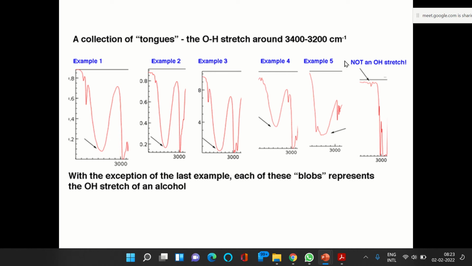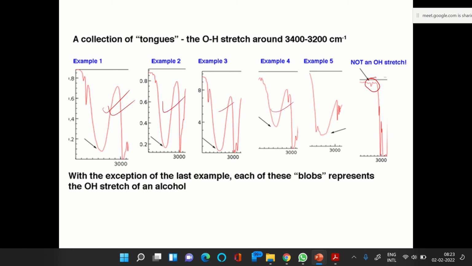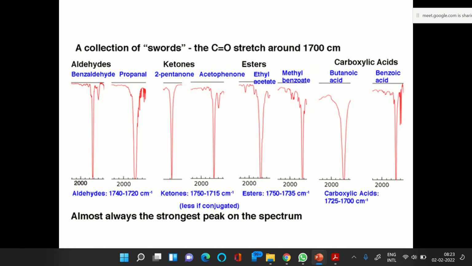If it is small like this, then this is not OH. But this is OH, this is OH, all of these are OH, in alcohol and acid.